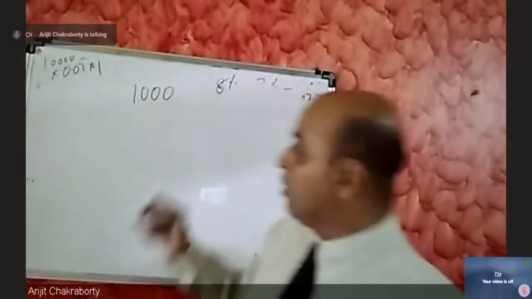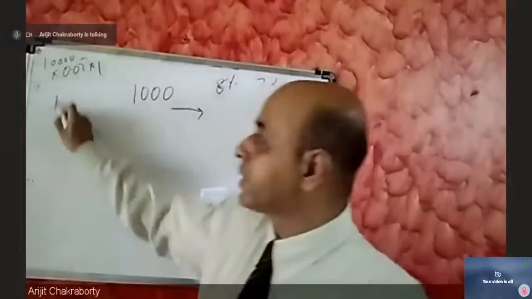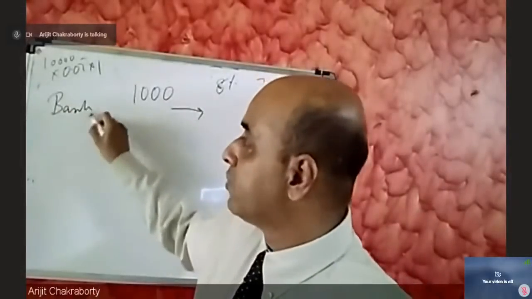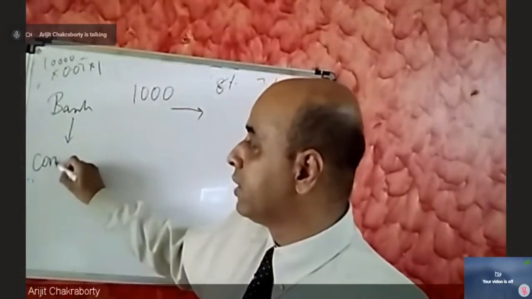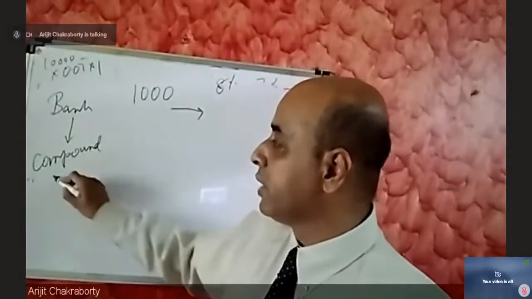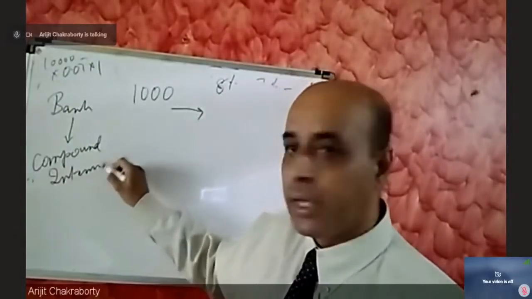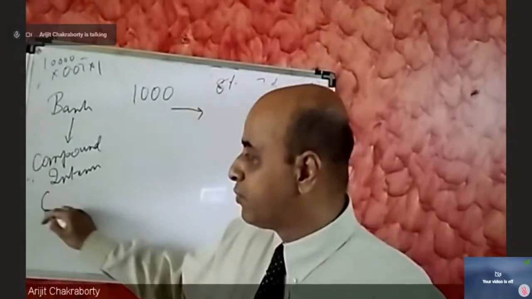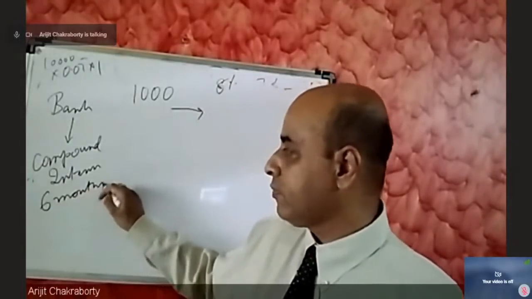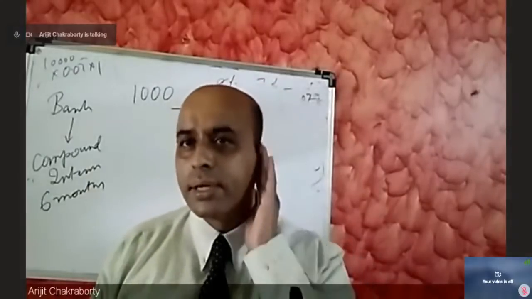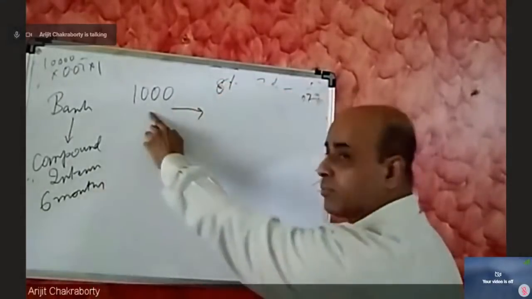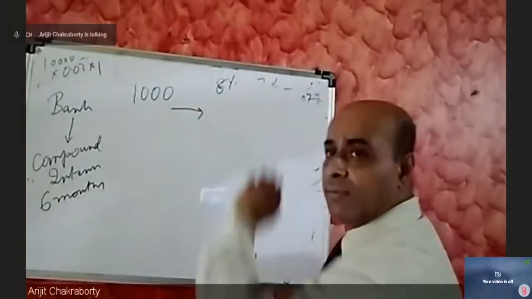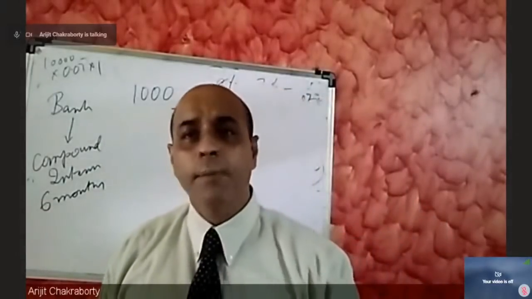Right. Now, say the bank tells you that they shall be compounding the interest semi-annually. Semi-annually means every 6 months. So what will happen? I started with 1,000 rupees and I have an interest rate of 8% per annum.